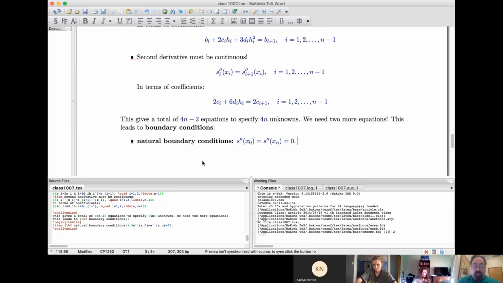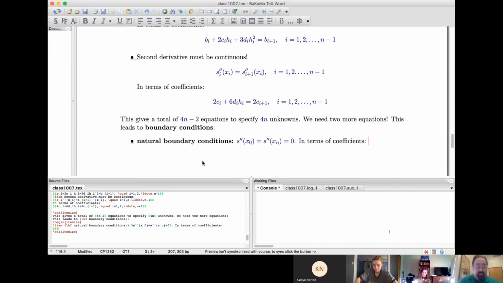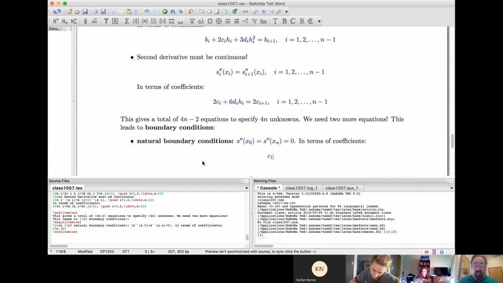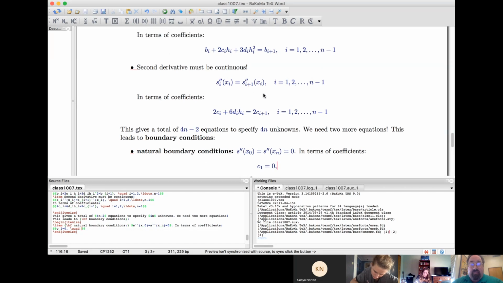Now, what that means in terms of coefficients is that C1 must be equal to 0. And the reason for that is, oh wait, let me check something here. Okay. Yes, C1 is equal to 0.